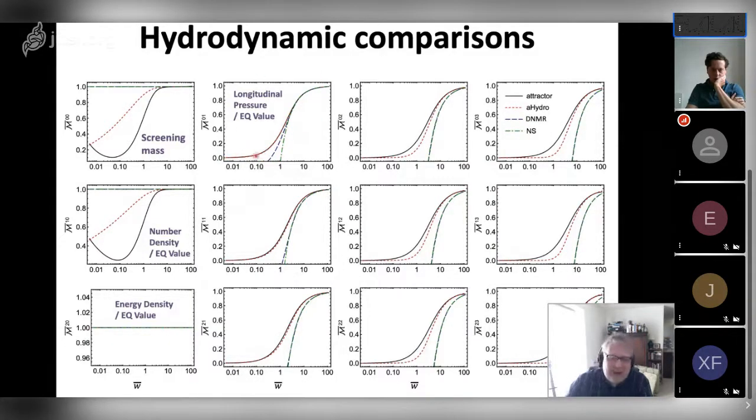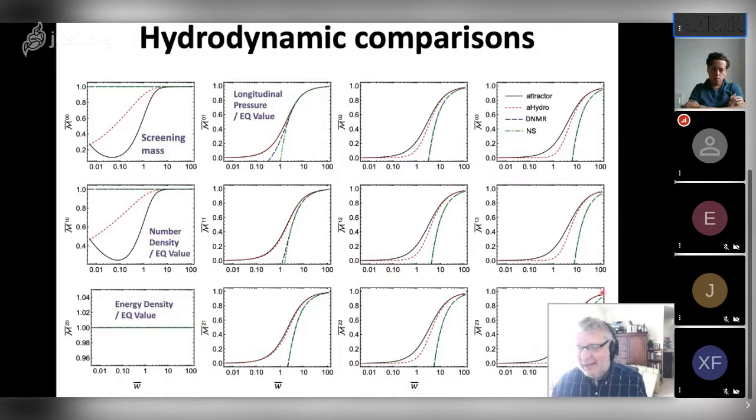So as we saw for this moment, aHydro sort of hits it bang on, and the different normal linearized hydro streams break down at early times. And as we move down into the right, we notice that these guys break down earlier and earlier.